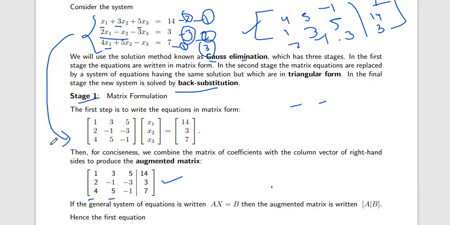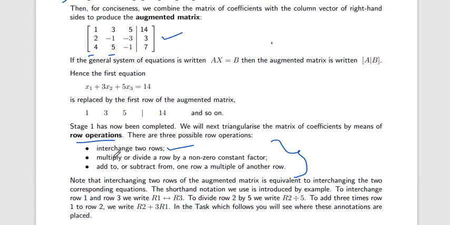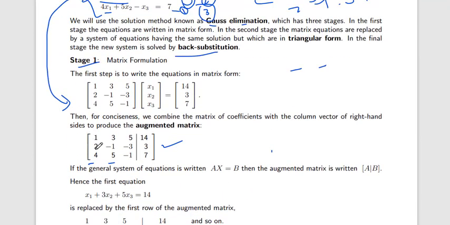So we can interchange between two rows. Second, multiply or divide a row by a non-zero constant factor.